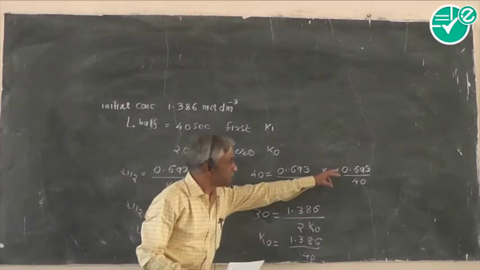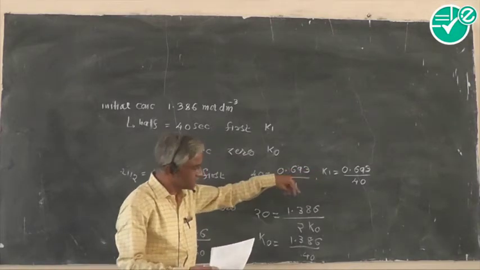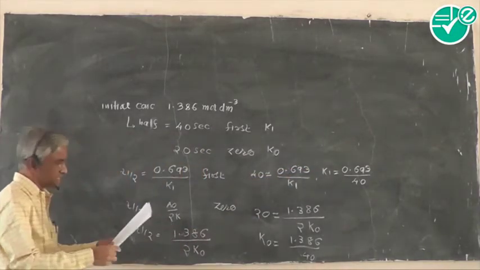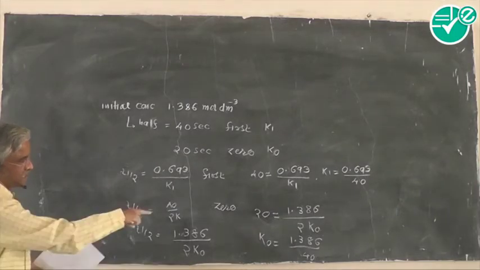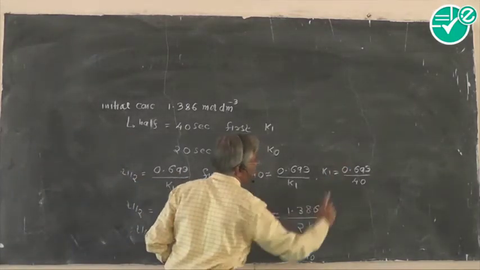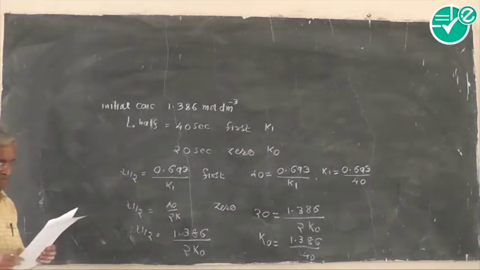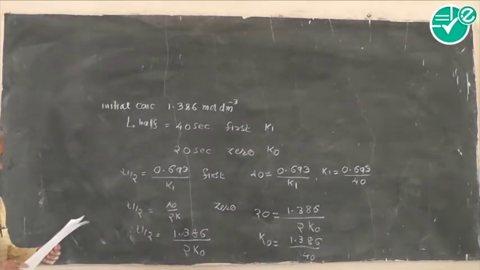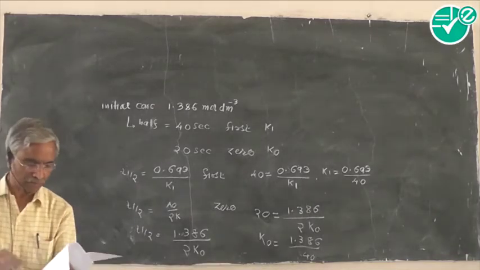If we divide, the 40 will be cancelled, leaving 0.693 divided by 1.386, which is half of it. Therefore K1 upon K0 is 1 by 2, or the answer will be 0.5, which has been mentioned in the given alternatives.